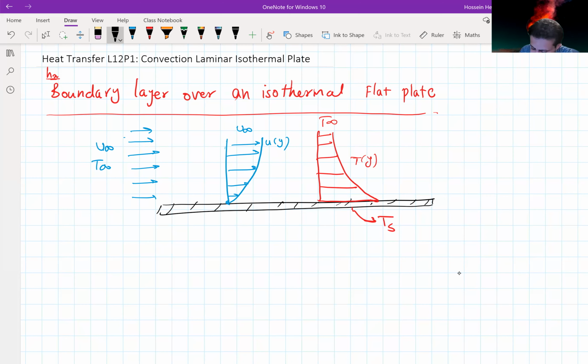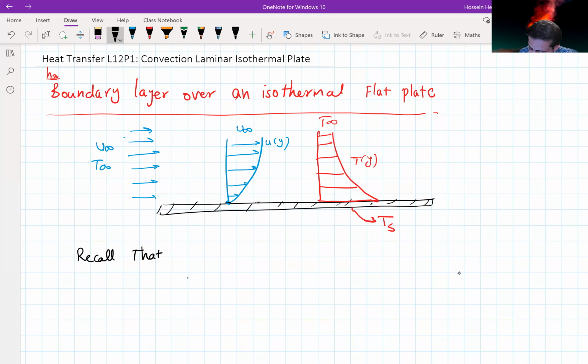And recall that when we were discussing this boundary layer, we said that the heat flux from the very first layer of fluid close to the plate is going to be by conduction. It means there is zero velocity, which is correct since we have a no slip boundary.